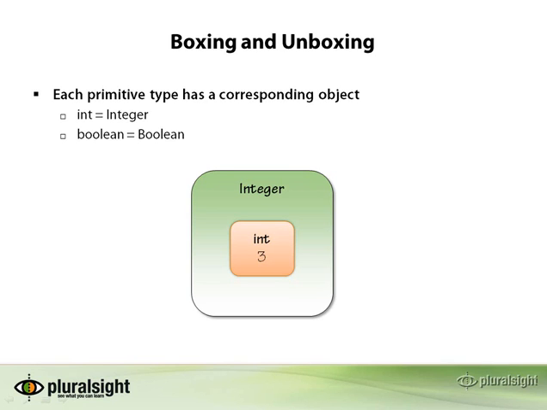And then let's say that someone shipped you one in return. Well, they wouldn't ship you just a loose ball. They would ship it to you in a box, and then you'd pull it out. And so this is the same concept here. Certain methods or certain things in Java require a non-primitive type. And because of that, the primitive type needs to go into a box so that it can be given to that method. And then you can take it out of the box when you need that value back out.